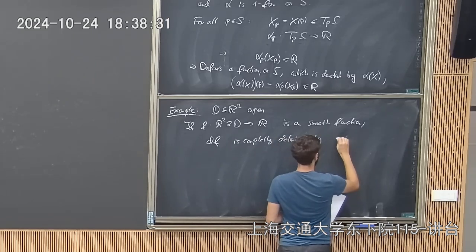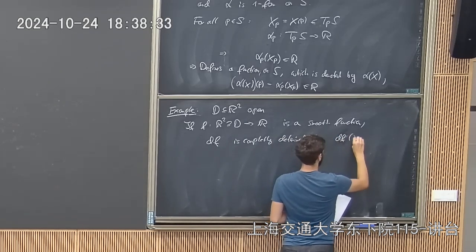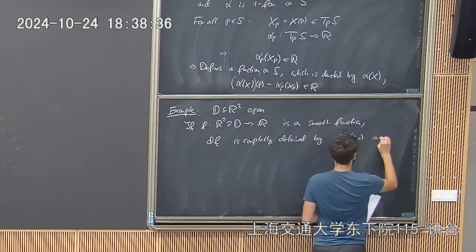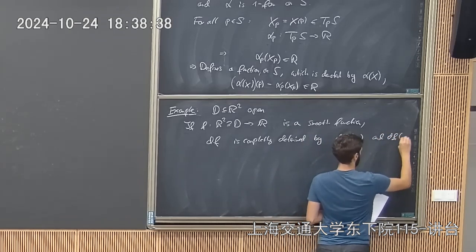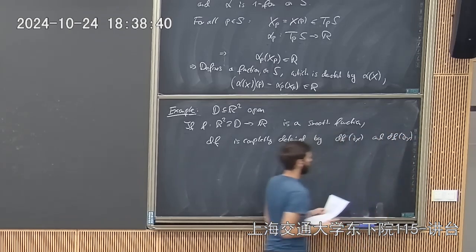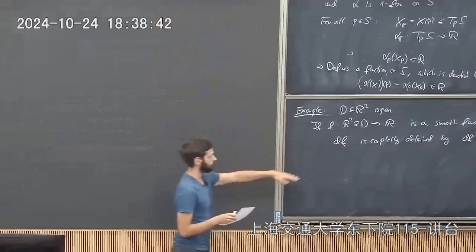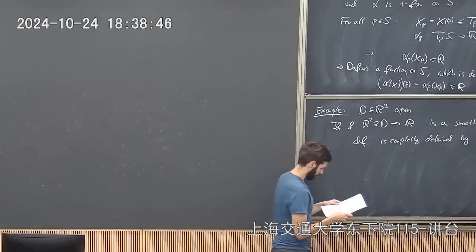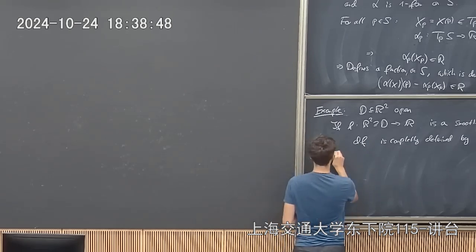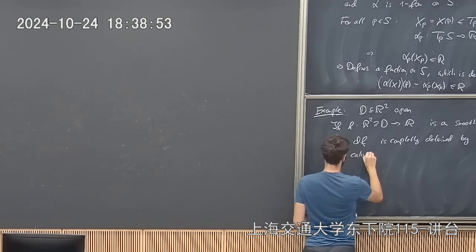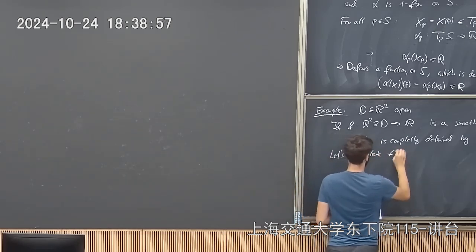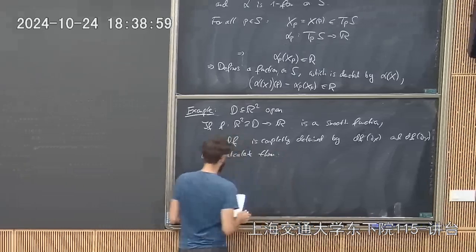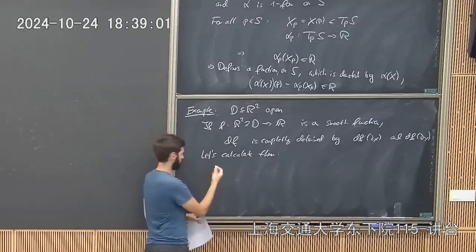So we evaluate it on x, and maybe evaluate df on y. So these are two functions, and they completely determine df. So let's have a look. Let's calculate what these expressions are.